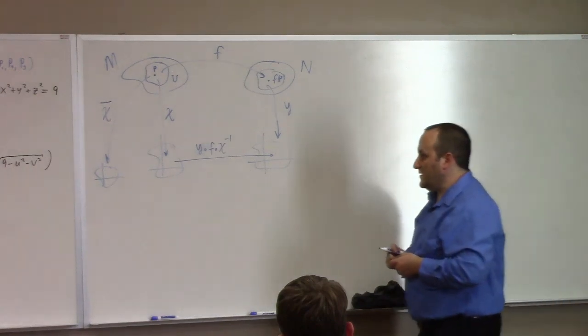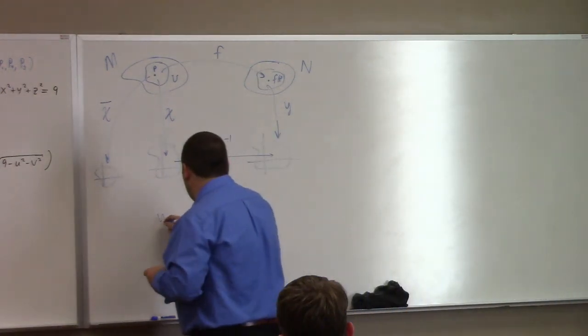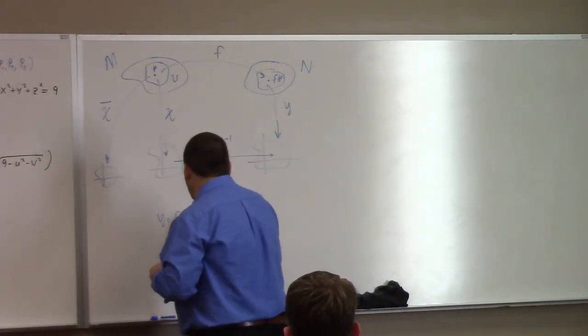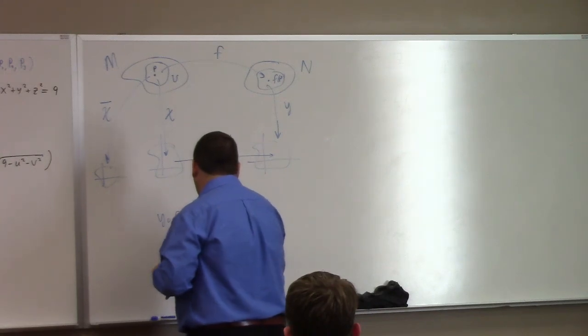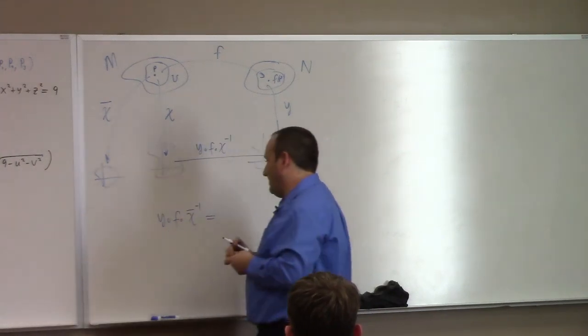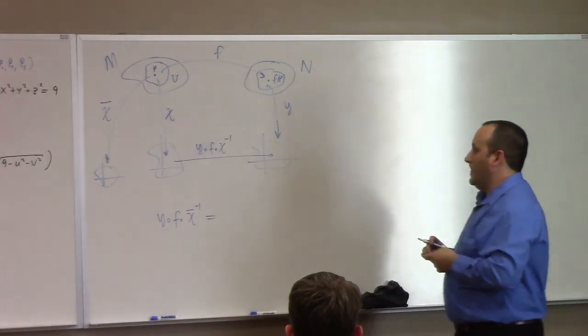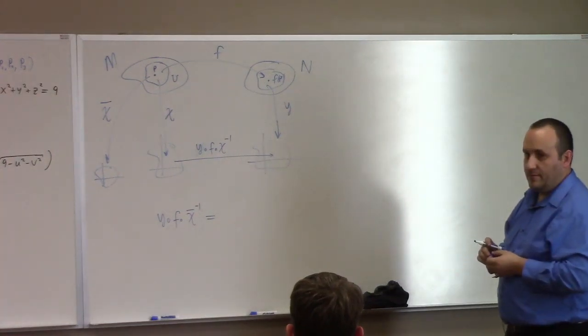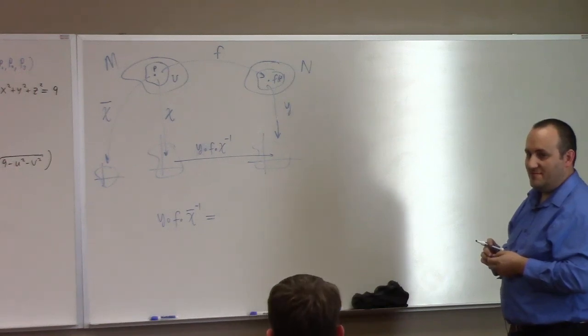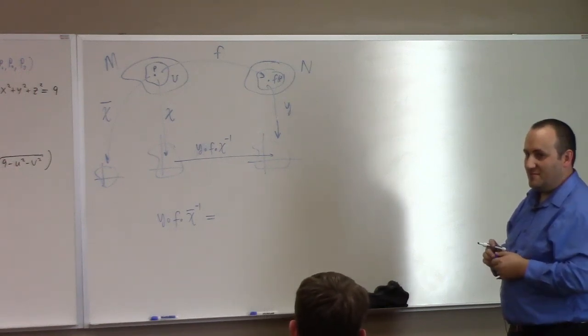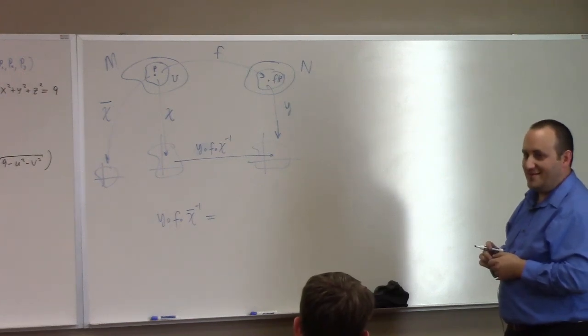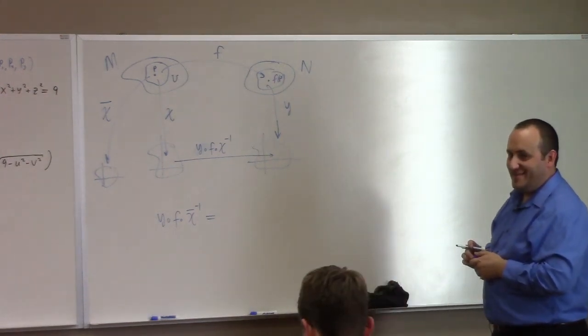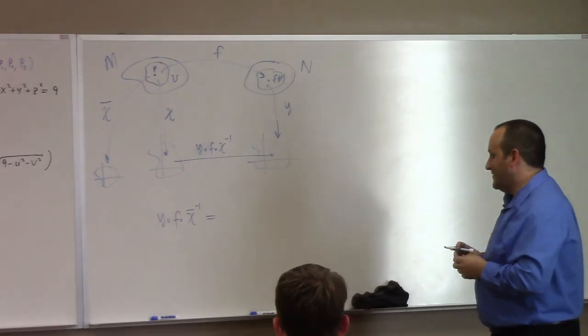Why must it be that Y composed with F composed with chi bar inverse is also smooth? Or Y bar composed with F composed with chi inverse, if we had a Y bar. Yeah, we could do that. I'm just doing this one at the moment. Would it follow by the same technique?